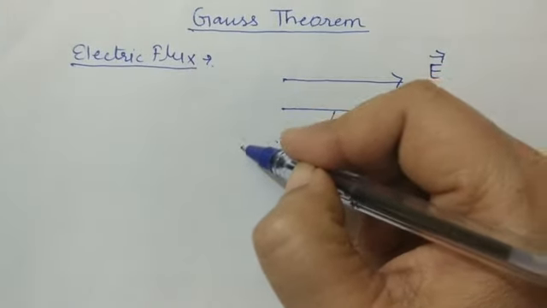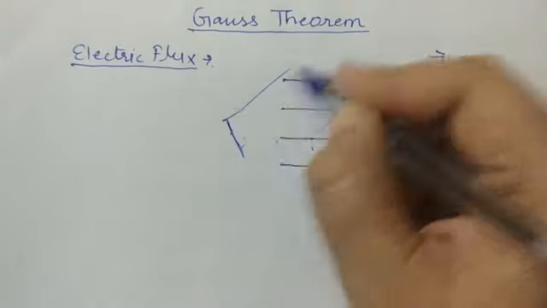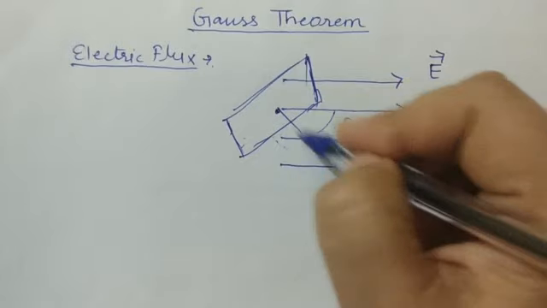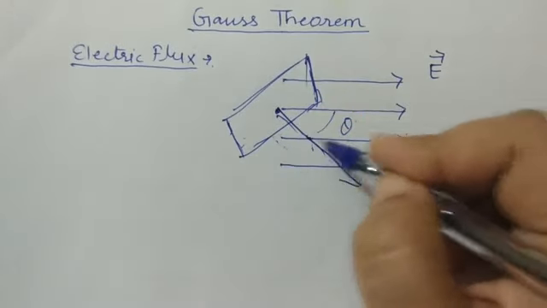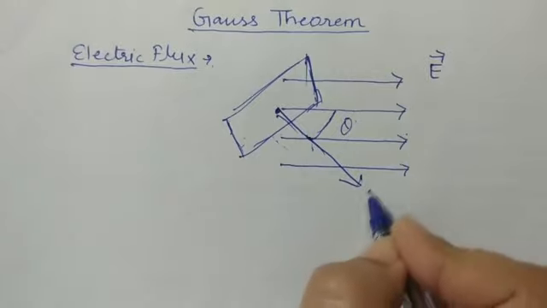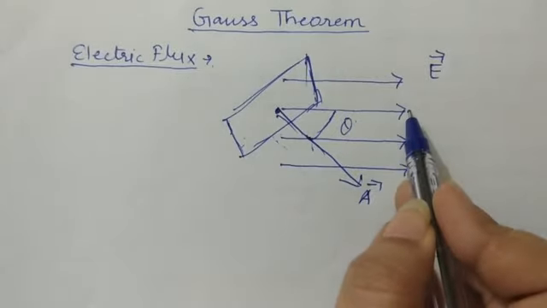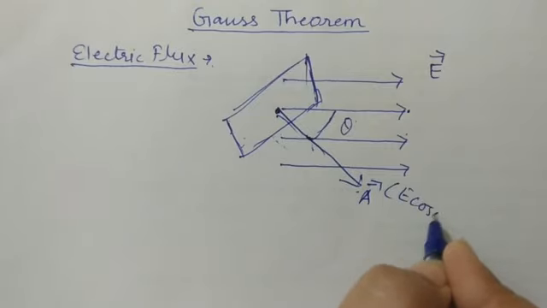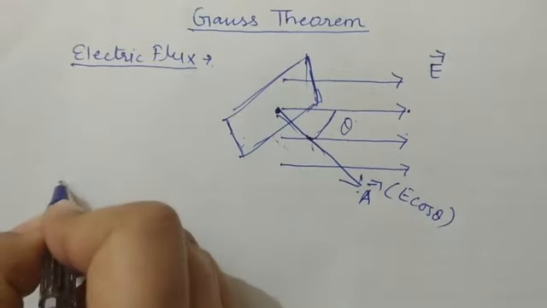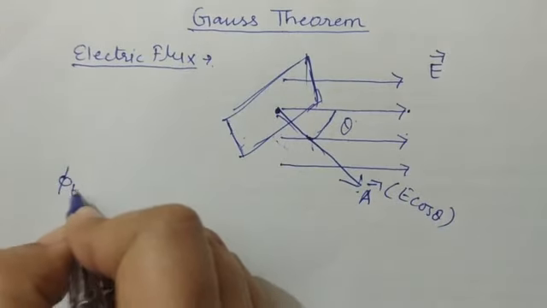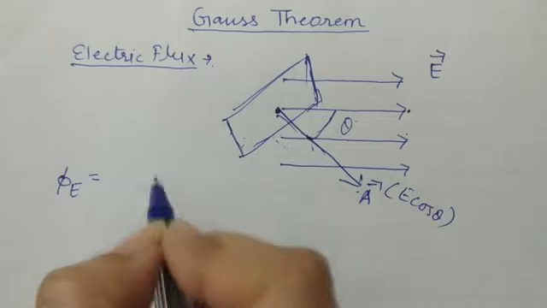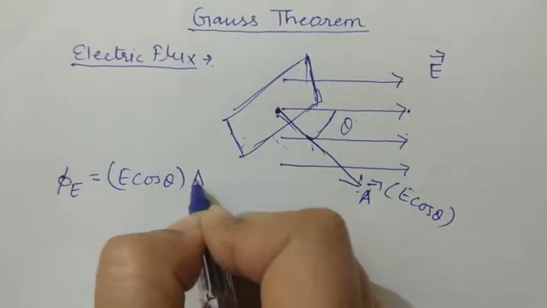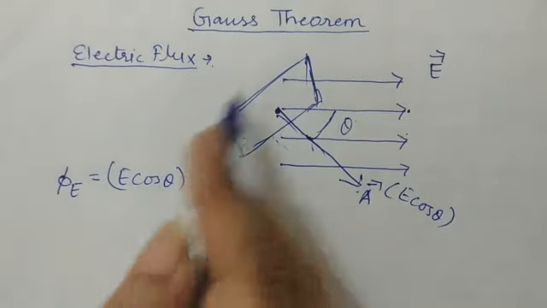Now suppose this is the area and the area vector is like this. This is the angle theta between them. This is the area vector. So I'll take the component of electric field along this direction, which will be equal to E cos theta. So electric flux, which is denoted by phi, is the product of E cos theta into the area of this surface.